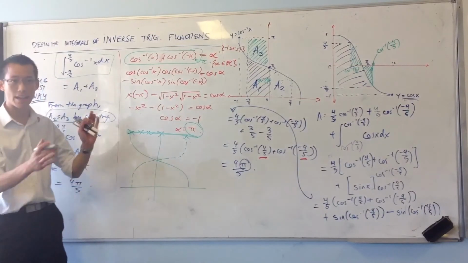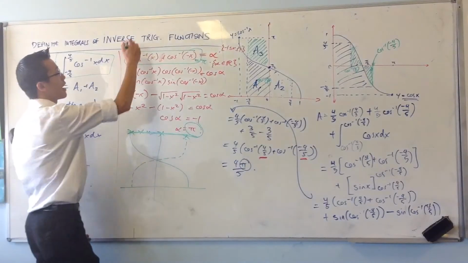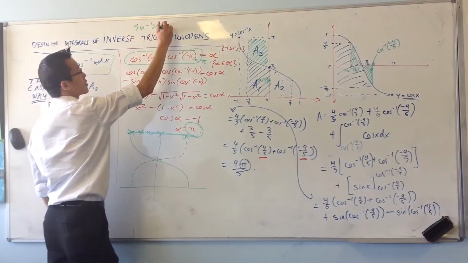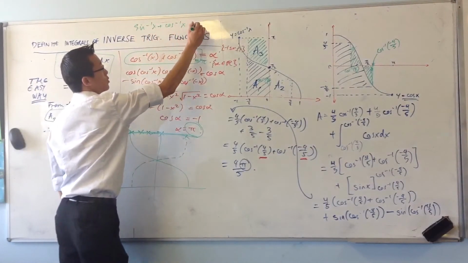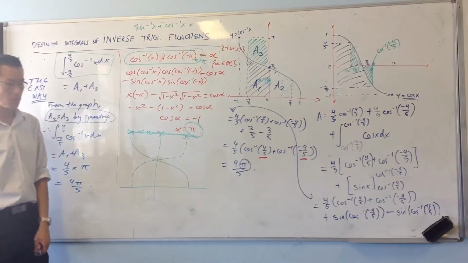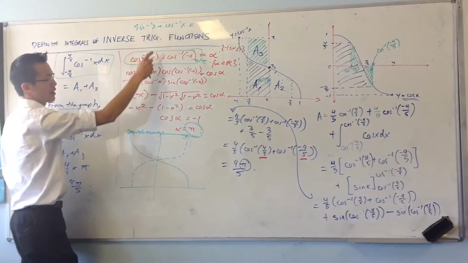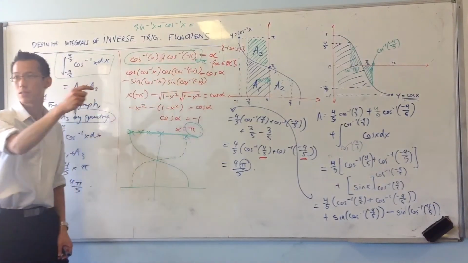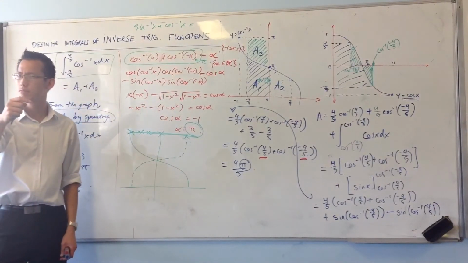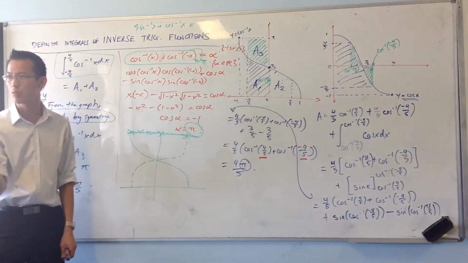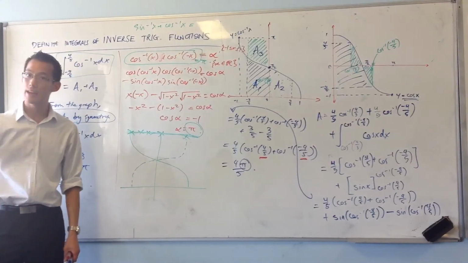For instance, without actually proving it, I wonder how many of you could guess what this is equal to. Think about it. It's very, very similar to this, but not quite. What's the difference between sine inverse of x and cos inverse of minus x? Do you remember when we were looking at integration, we looked at the difference? Yeah, there's a shift. It's a constant.